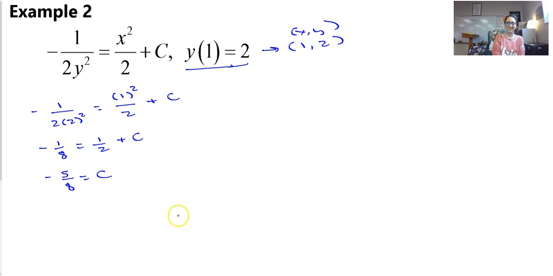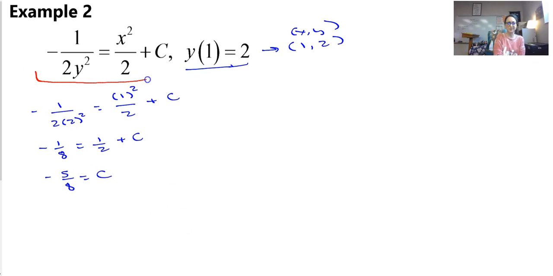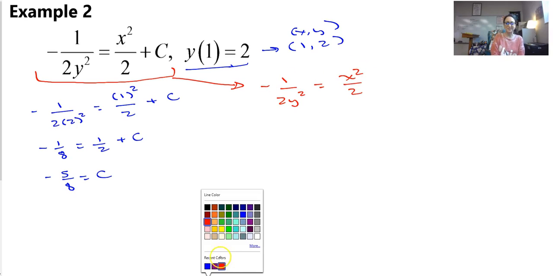So that's my c value. Now we are going to come back to the original equation that you got here, and plug in negative 5 over 8 for c. And then what is our ultimate goal? Our ultimate goal is to get y by itself. So I've got negative 1 over 2y squared equals x squared over 2, and then minus 5/8.